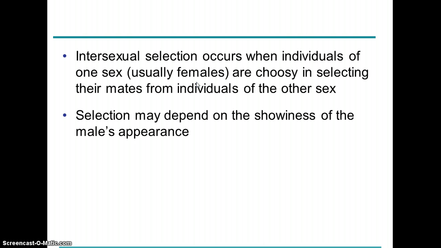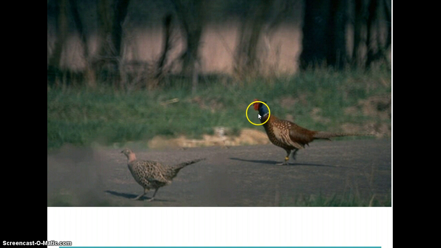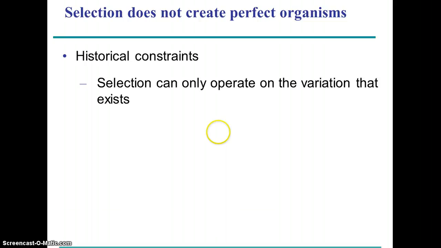Often this female choice leads towards extreme phenotypes in males because they're trying to advertise themselves, like in these peacocks, and you can see the male pheasant here with these brightly colored feathers. It's thought that the female choice over time has driven the males towards these extreme phenotypes in order to stand out and be chosen.